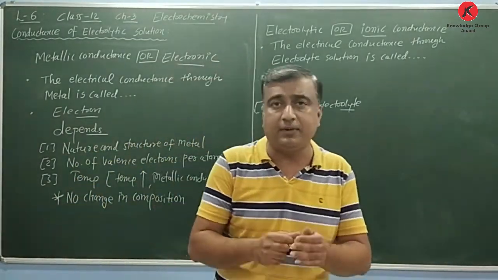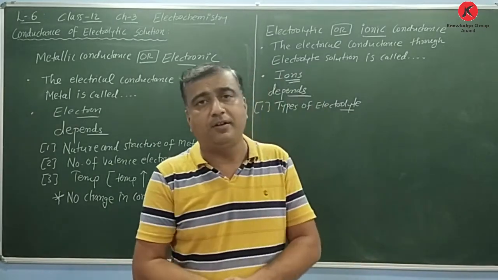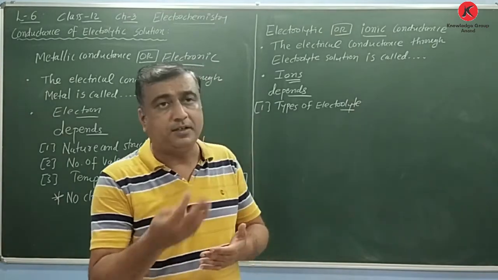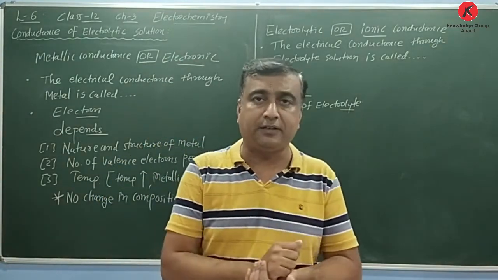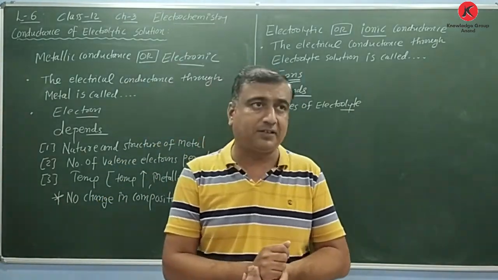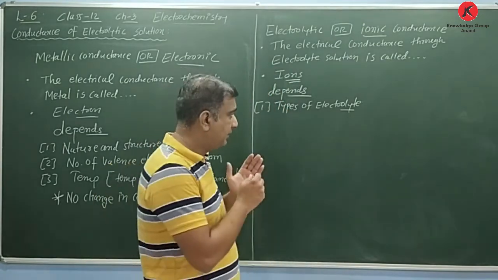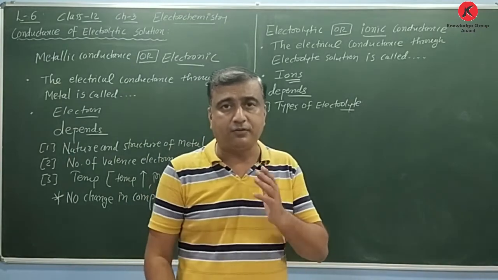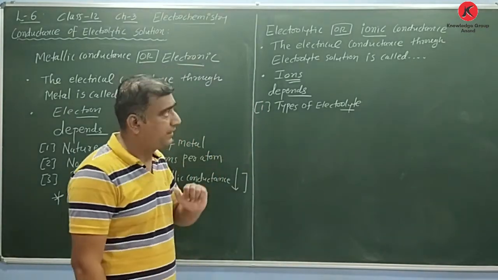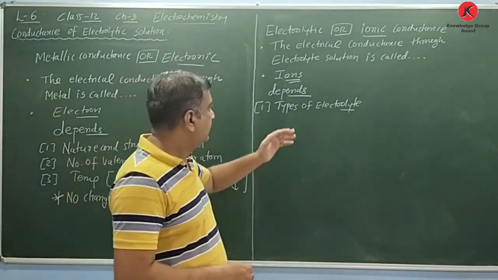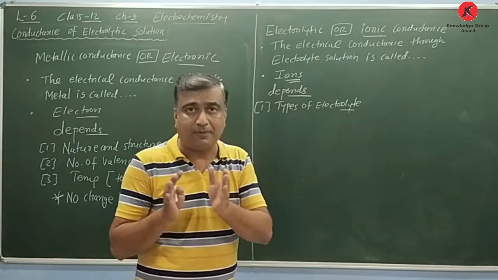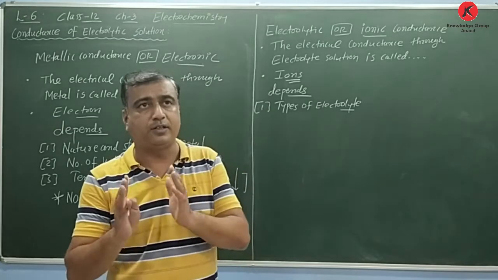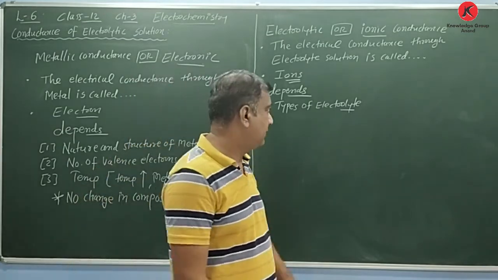Strong electrolyte means when it is dissolved in water, complete ionization takes place. In case of a weak electrolyte, partial ionization takes place. Conductance takes place by means of ions. That means the more the number of ions in a solution, the more will be the conductance.